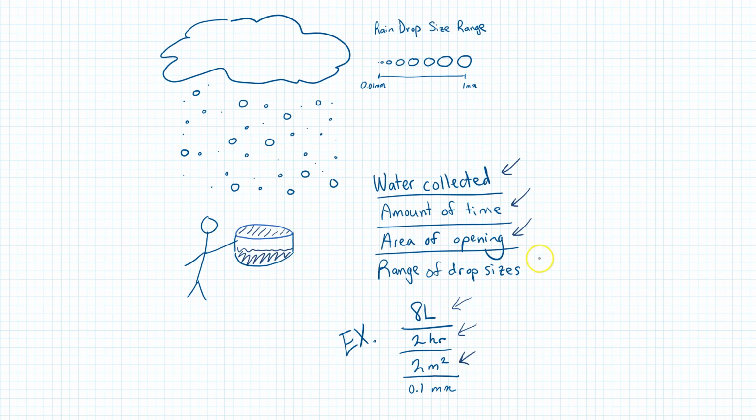And then finally, if you wanted to get really fancy, you could also keep track of the drop sizes you were allowing in. So I'd like you to pretend that you had some fancy filter here. And this filter somehow allowed you to only allow into your bucket certain size drops of rain.